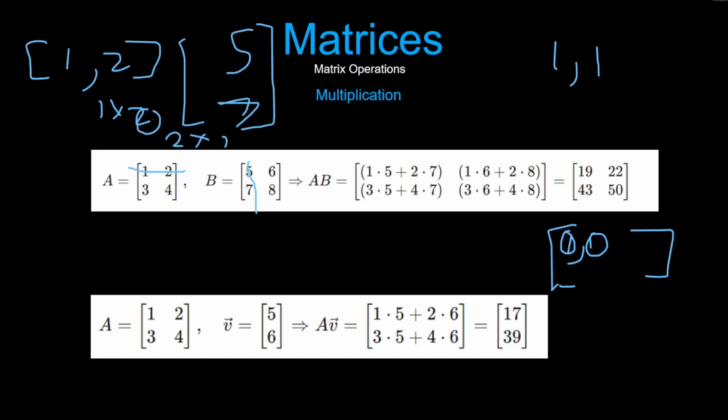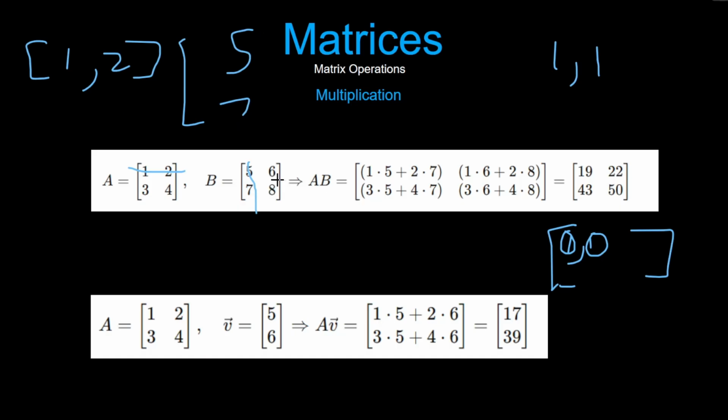You can see these numbers are matching, that it has the same number of columns as the second matrix's number of rows. So the resultant matrix will be 1 times 1, which is nothing but a scalar, a single number. So that's what we get here. We get 19, a single number. Similarly, we will calculate for every position of the element.